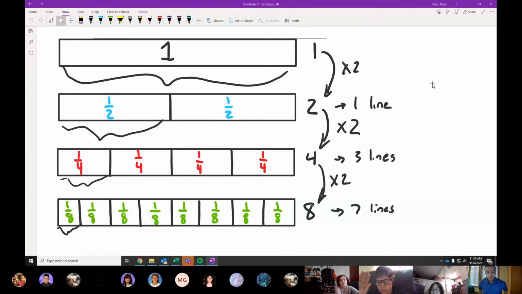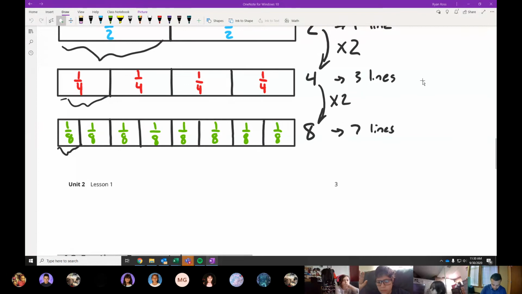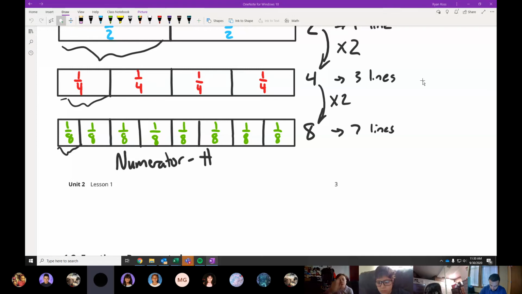Okay. Really quick, let's talk about numerators and denominators. Okay, numerator. The numerator is the number on top of the fraction. Numerator, number on the top.